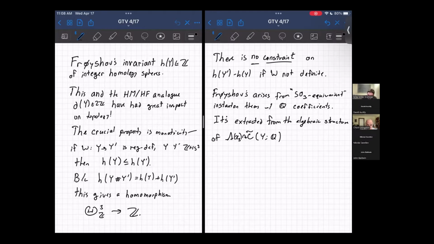This chain complex is a DG module over the exterior algebra on one generator. And this invariant has a special generator associated to the trivial connection. And Froyshov's invariant measures the interaction of irreducibles with this reducible connection.